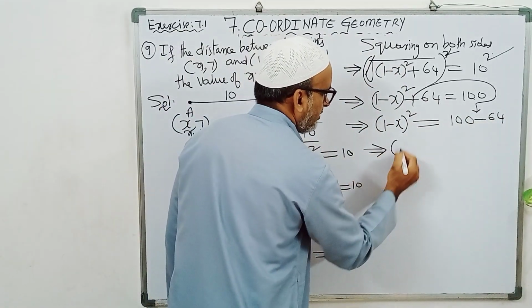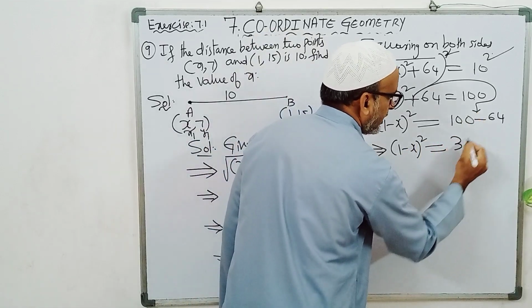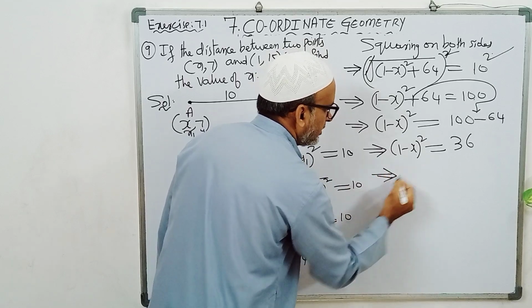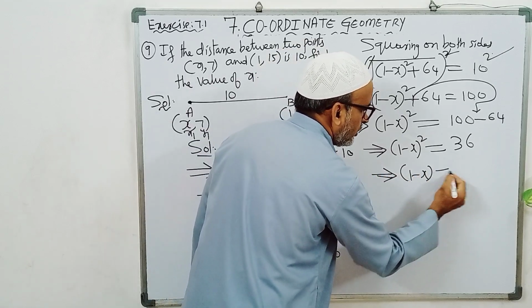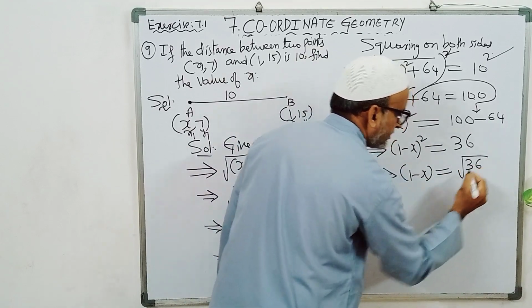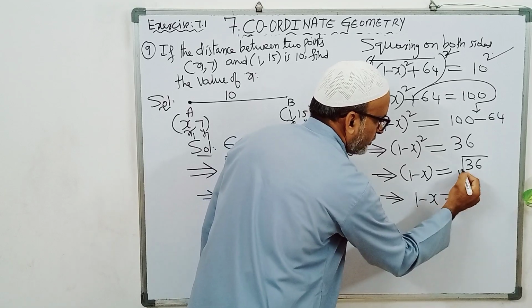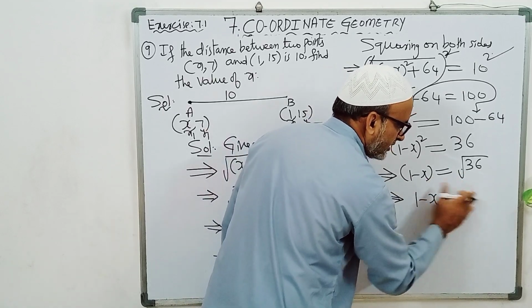Implies 1 minus x whole square, from 100 take out 64, 36. Implies 1 minus x is equal to, if you remove the square, it will become square root of 36. Square root of 36 means how much? 6.